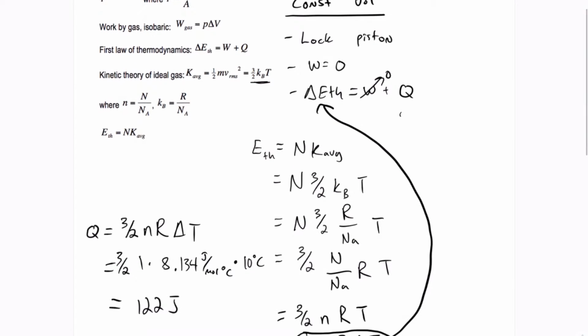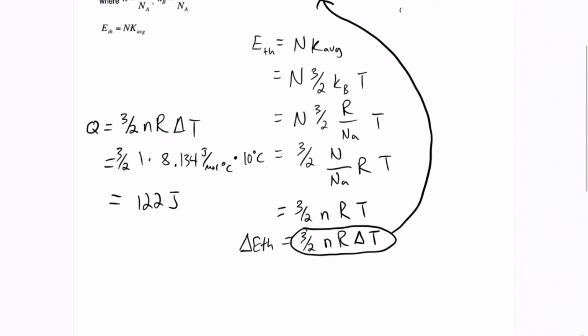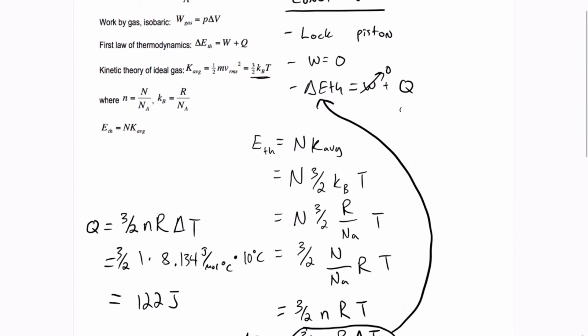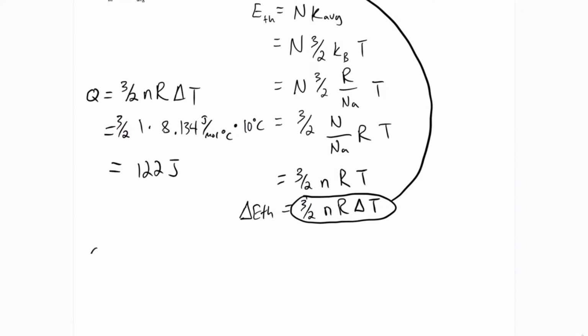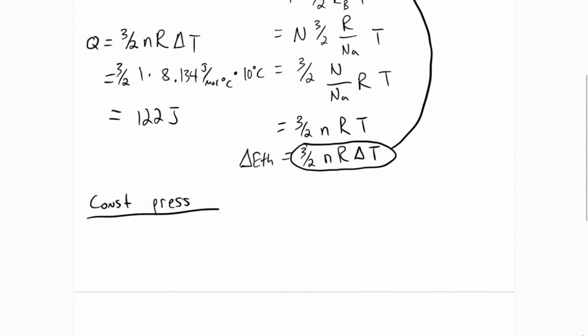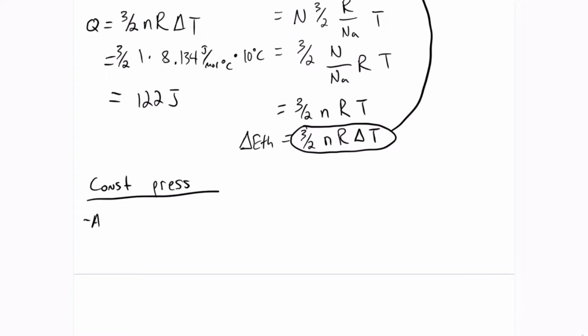Now, let's go ahead and give the same treatment to our constant pressure process. Just to review, for a constant pressure process, we're going to allow the piston to slide without friction.